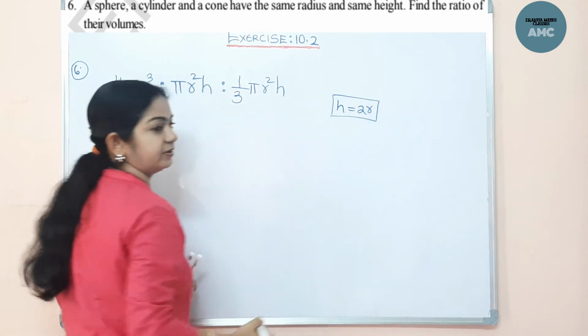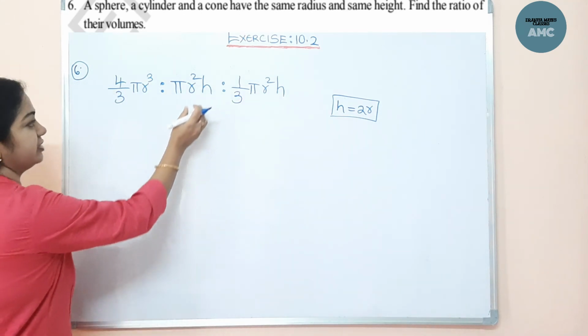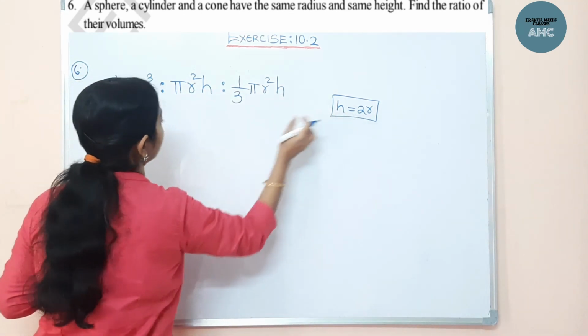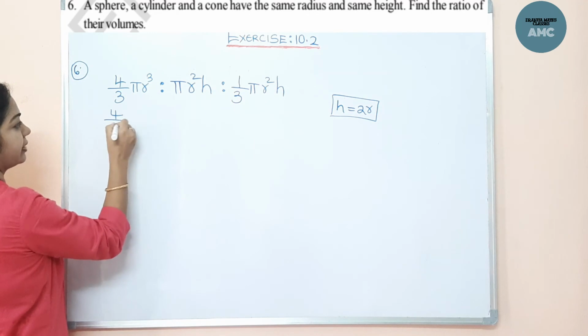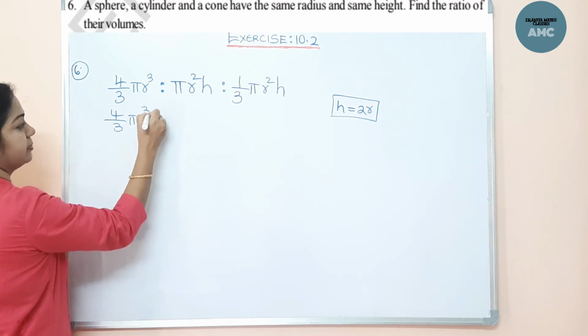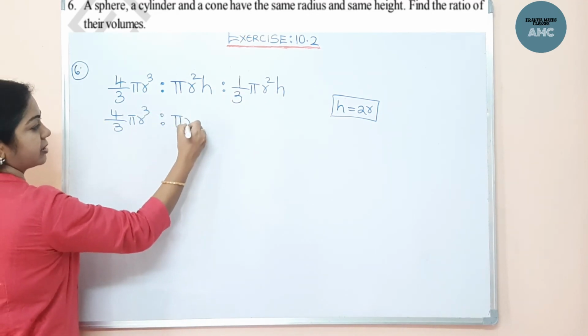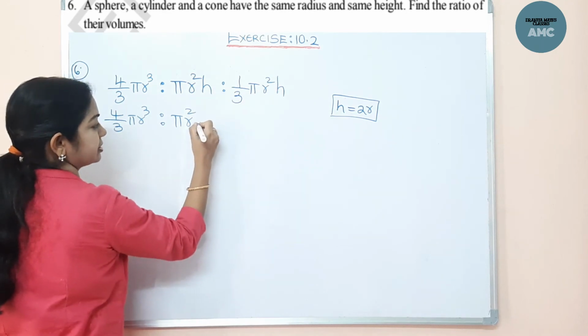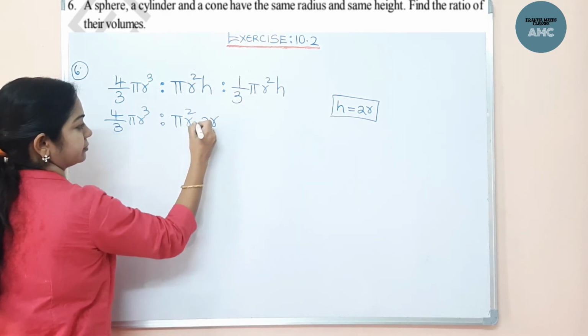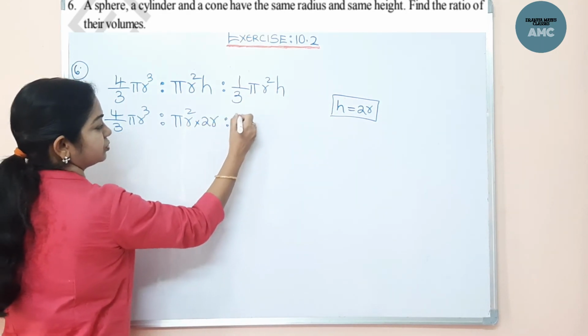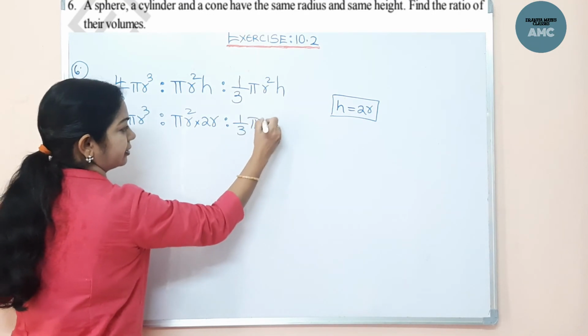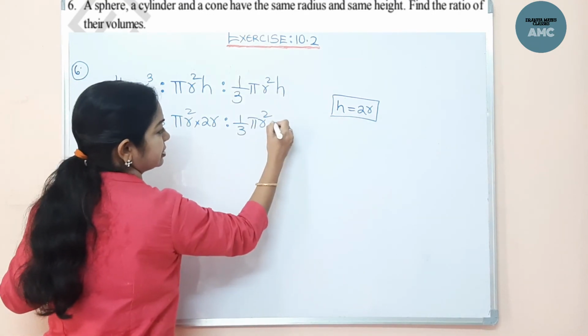We will substitute that here, changing h into 2r. So 4 by 3 πr³ is to πr²: the h value is 2r, is to 1 by 3 πr², again substituting h as 2r.